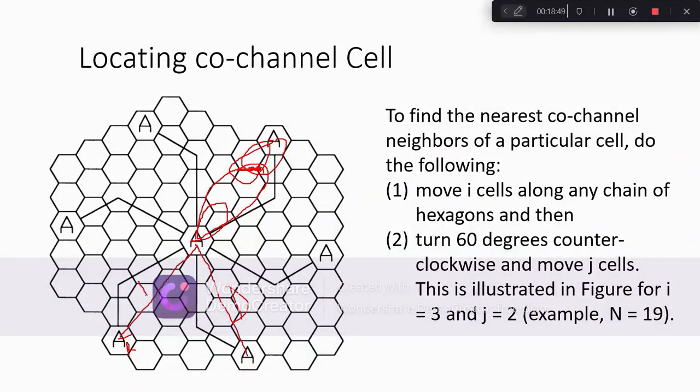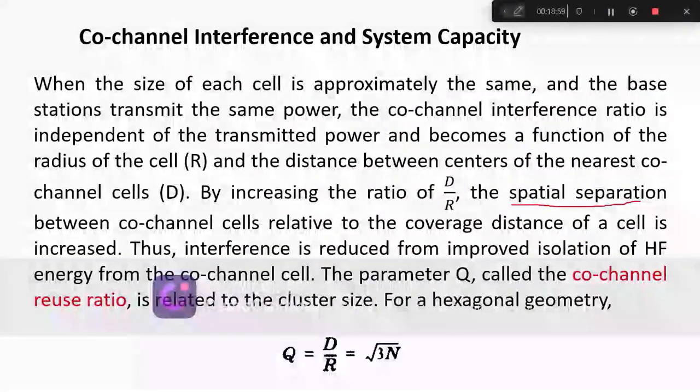So if this is d and this is r, keeping this ratio to a certain number, which is the square root of 3n, the d over r ratio, if that ratio is maintained at a certain value, then we can optimize these two parameters.